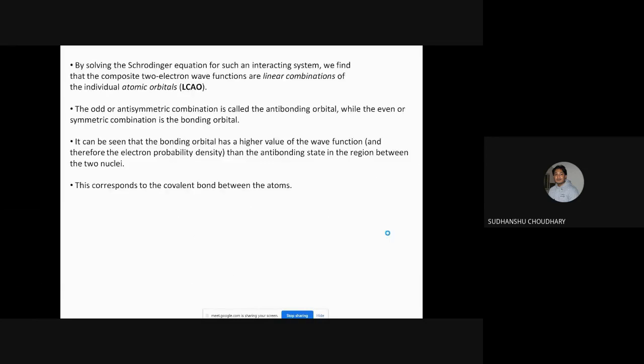So in a solid, what happens when the atoms are brought together? When many atoms are brought together, their energy levels also split, and since there are many atoms and many energy levels, when these energy levels split, they form continuous bands of energies.